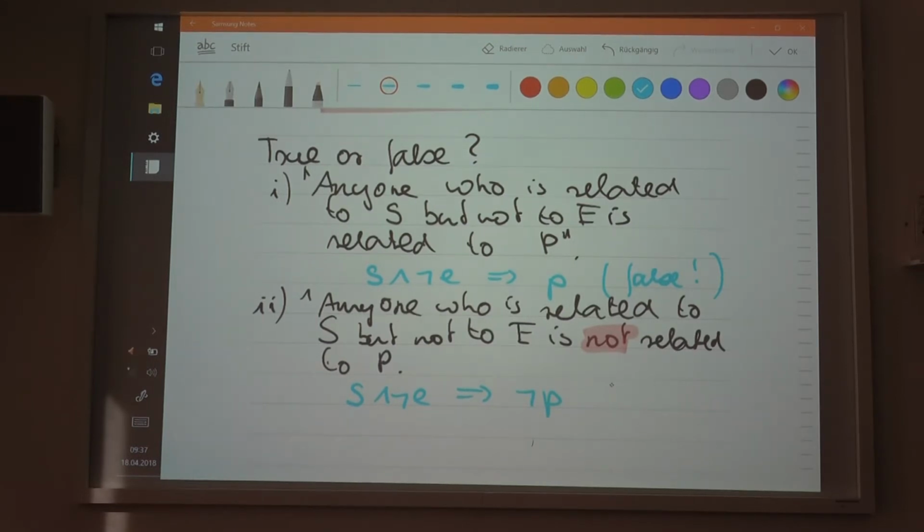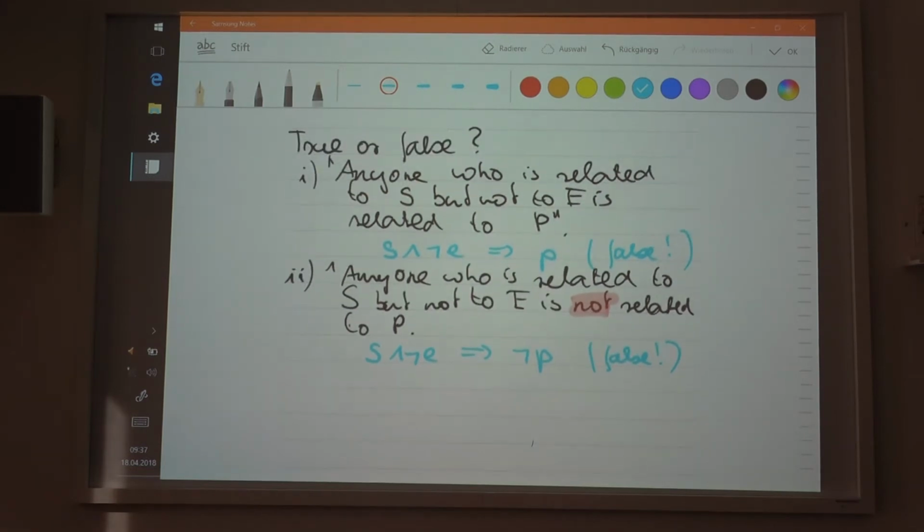This statement is also false. It doesn't mean that the person we're talking about cannot be related to Paula. But it means that just because someone is related to Simon but not to Emily, it does not imply that this person is not related to Paula, because that person can be related to Paula. And why is that?